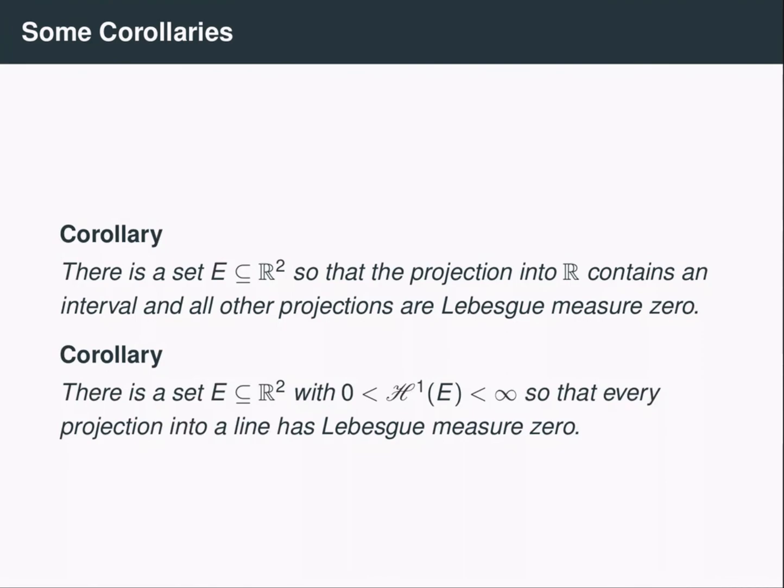One can also change the construction a little bit so that you can actually get a set E of finite and positive one-dimensional measure so that its projection onto any line has Lebesgue measure 0. So in other words, this is a set of positive and finite length, but it has no shadows. It's effectively invisible if you look at it from any direction.